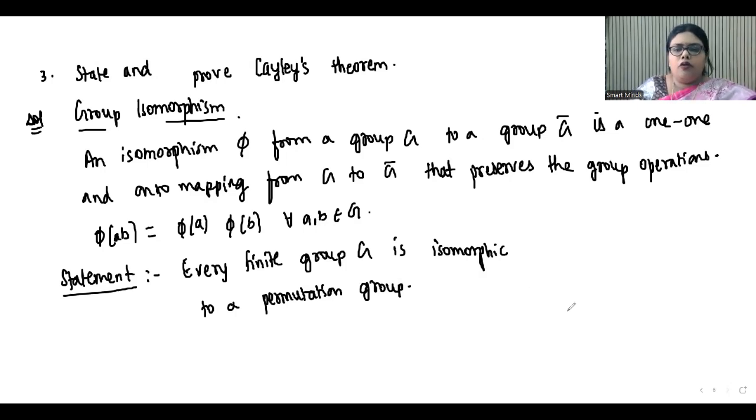Now let us see how to prove this. Let G be a finite group.